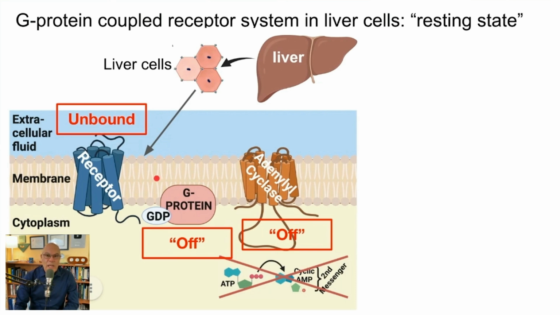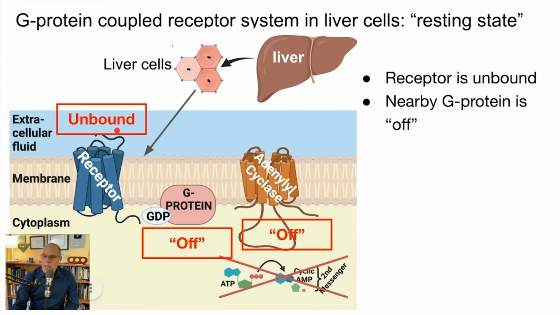Here's the resting state when there's not epinephrine. The receptor is not bound by the ligand. There's no epinephrine in the system right now. There's a G protein nearby. Why is it called a G protein? It's called a G protein because of the way it interacts with GTP and GDP.